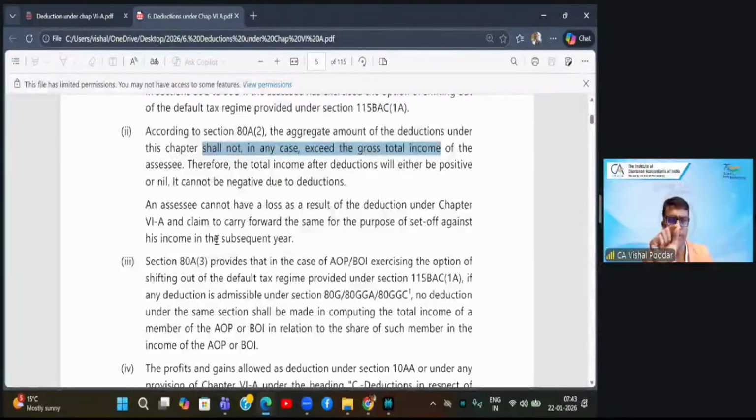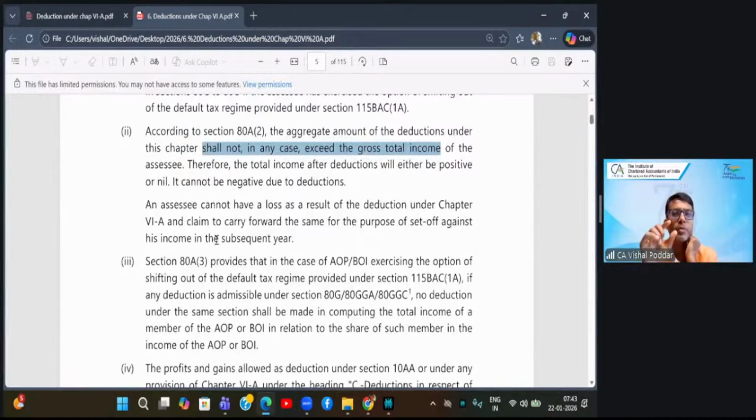So 12 plus 4 plus 2 becomes 18 lakhs. Now you are given various payments for which you checked all the conditions: right person, residential status, maximum limit, and you identified that for all sections combined, your eligible deduction is 20 lakhs.